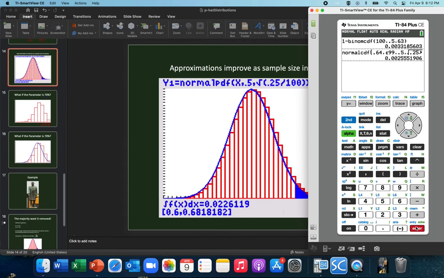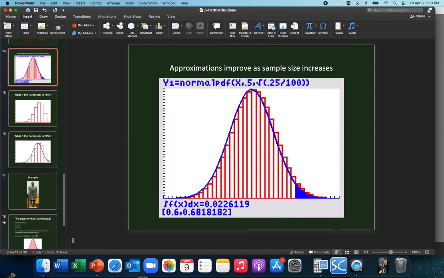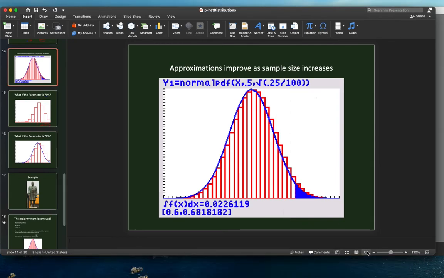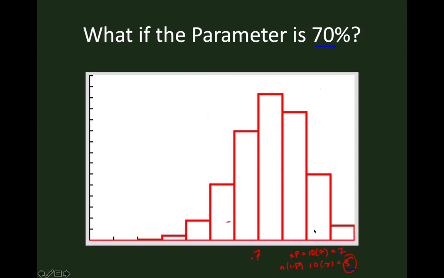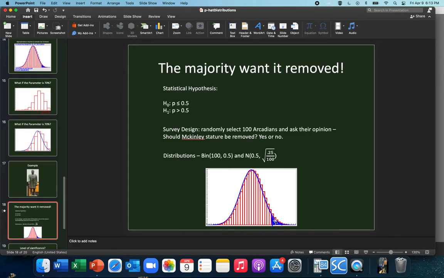And there's one more thing I wanted to show you. Saving the best for last, maybe. It turns out that the calculator will do this calculation for us automatically. Okay, let me get rid of that.